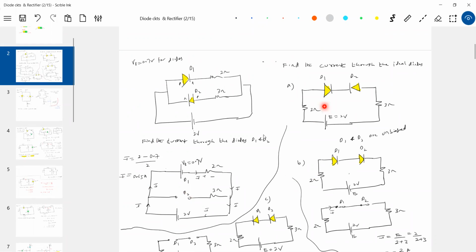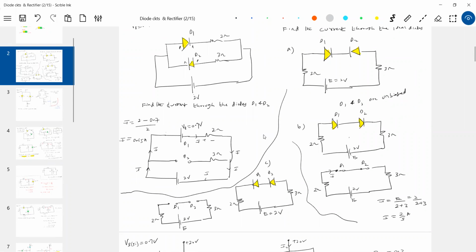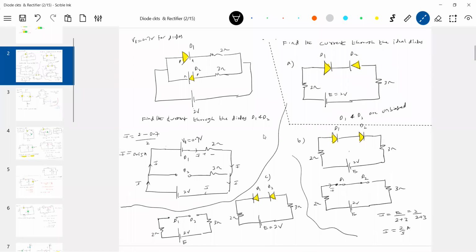Okay, now find the current through the ideal diodes. Okay, there's a circuit. And D1, D2 are unbiased. In the first case, they find the current through the ideal diodes.